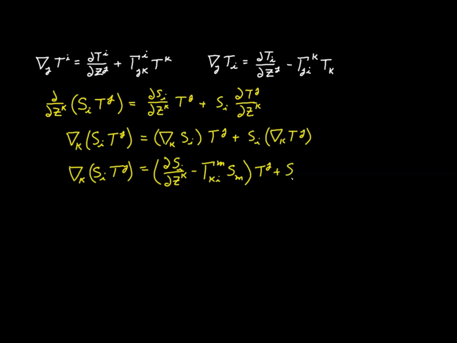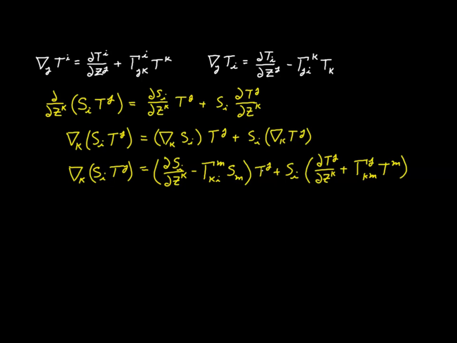plus S_i. And now we'll expand this second term using our first expression. So we're going to have the partial derivative of T^j with respect to z^k. And we're going to need a plus sign this time for our Christoffel symbol. And the indexes are going to be j, k, and we'll use m again with T^m, like so. All right, now let's expand out the terms.